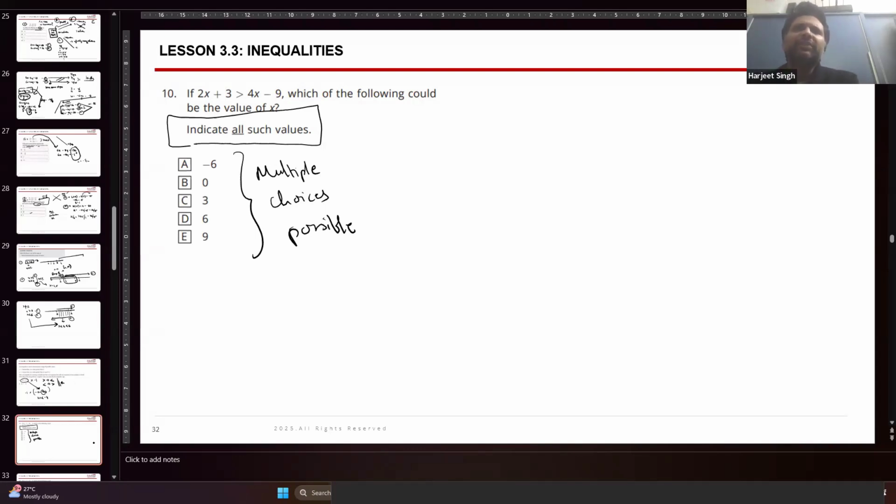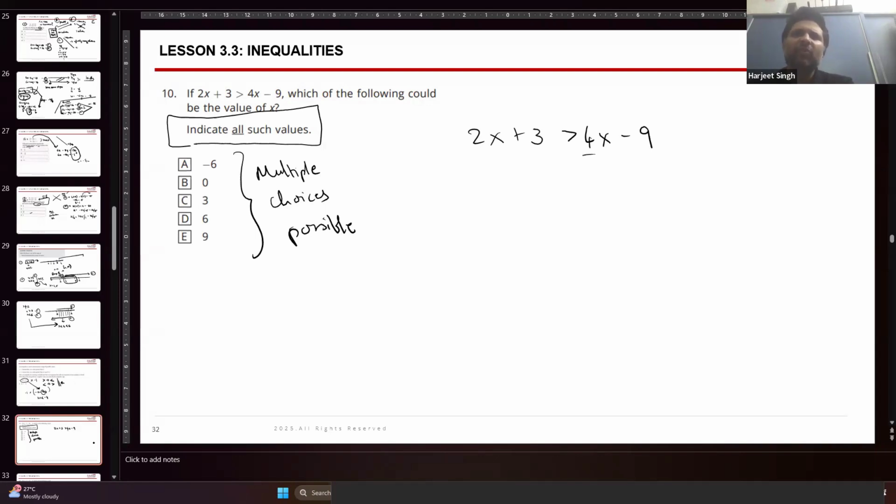So how do we solve this? It's not an equation, it's an inequality. 2x plus 3 greater than 4x minus 9. As always, collect the variable terms together and the constants together.